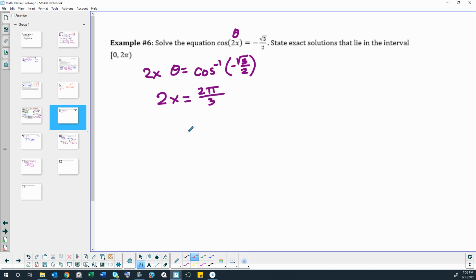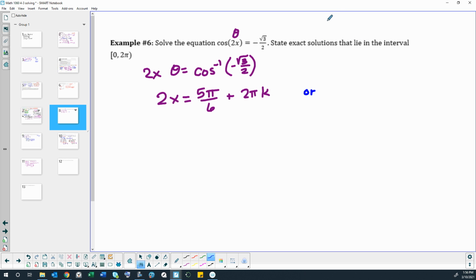Okay, so that would be 5 pi 6. And then, of course, infinitely many answers means we could go all the way around the circle again. So add or subtract values of 2 pi, right? That's our quadrant 2 possibility.